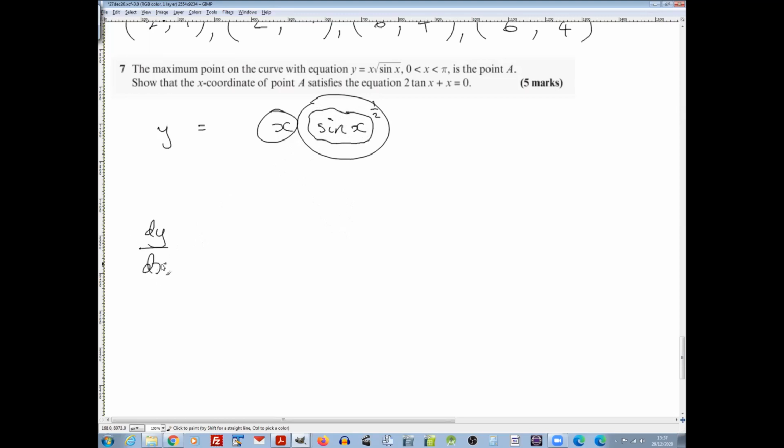Differentiate. Okay, so you'd get 1 times that. Now, we probably could use a common denominator, funnily enough, even though it's not a fraction.